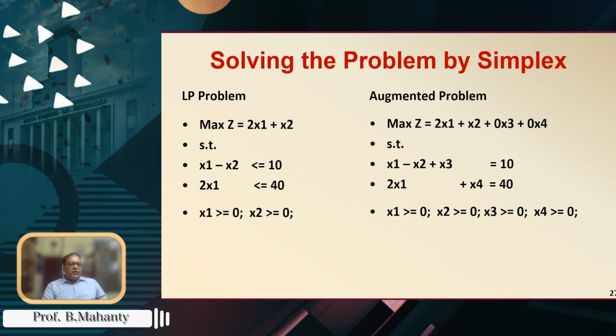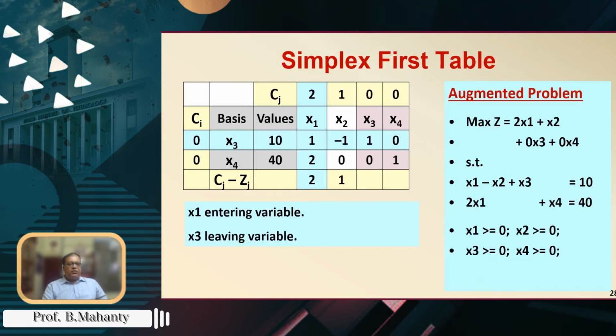After that, let us see the simplex first table. Basis is x3 and x4. The values are 10 and 40. The coefficient matrix is formed by x1, x2, x3, x4, of which x3 and x4 are in the basis, so they form a unity matrix. The x1 coefficients are 1 and 2, the x2 coefficients are -1 and 0, and the Cj values are 2, 1, 0, 0, because that is the objective function.